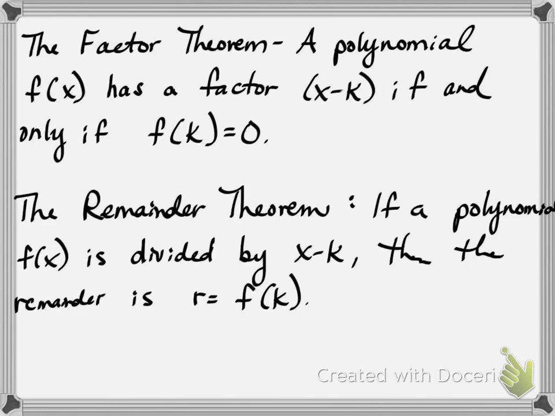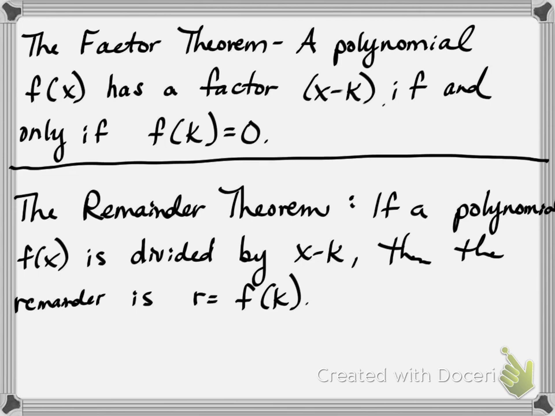So I just wanted to go over this next theorem called the factor theorem. It says a polynomial f of x has a factor of x minus k if and only if f of k equals 0. This is directly tied to the remainder theorem that we had the other day, where if a polynomial f of x is divided by x minus k, then the remainder is f of k.